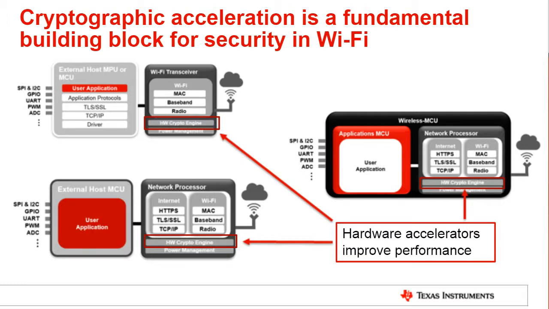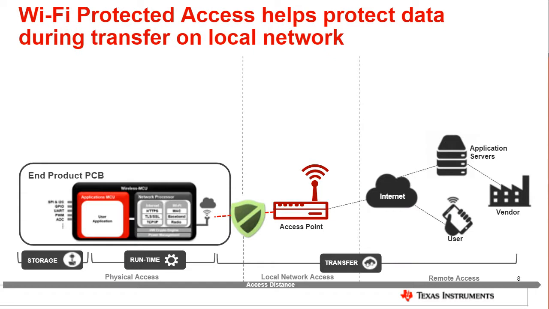Now let's talk about a specific way cryptographic acceleration can be applied. One of the most common Wi-Fi security features is Wi-Fi Protected Access. By that I mean WPA, WPA2, or WPA3 security, all of which can help protect data on a local network.